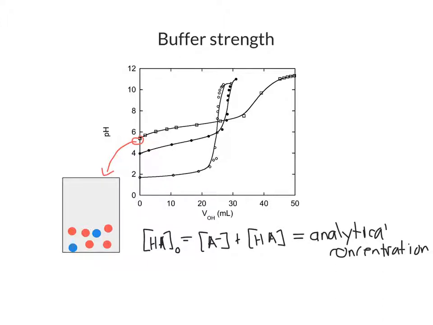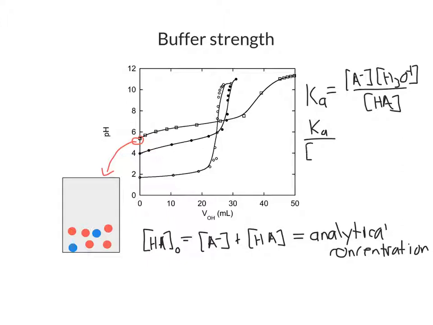If we think about the expression for our acid ionization equilibrium constant, which is the conjugate base concentration times the H3O plus concentration divided by the conjugate acid concentration, we can rearrange this to Ka divided by H3O plus concentration is equal to the conjugate base concentration divided by the conjugate acid concentration.